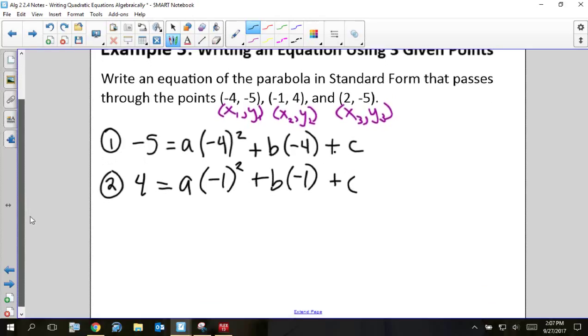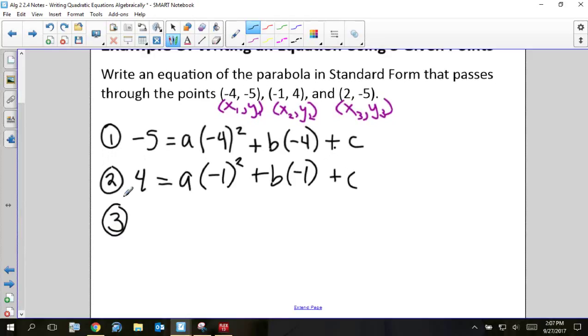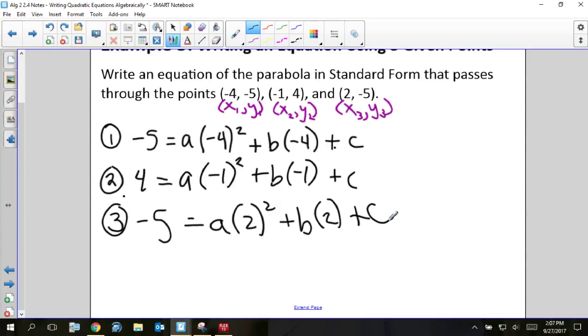So that's equation 2. Equation 3, I use x3, y3. So we'll start with y, negative 5 equals a times 2 squared plus b times 2 plus c.